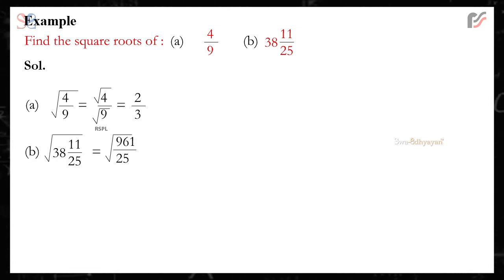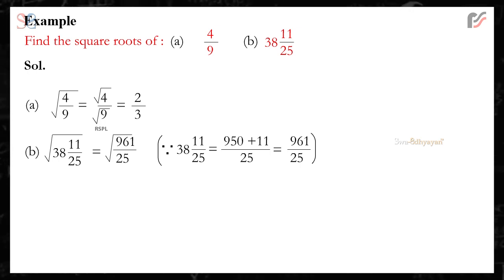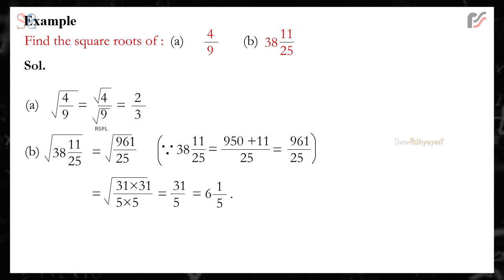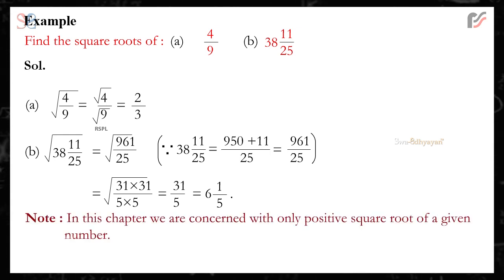B. Square root of 38 11 upon 25 is equal to square root of 961 by 25, because 38 11 upon 25 is equal to 950 plus 11 by 25, which is equal to 961 by 25, which is equal to square root of 31 into 31 by 5 into 5, which is equal to 31 by 5, which is equal to 6 1 upon 5. Note, in this chapter, we are concerned with only the positive square root of a given number.